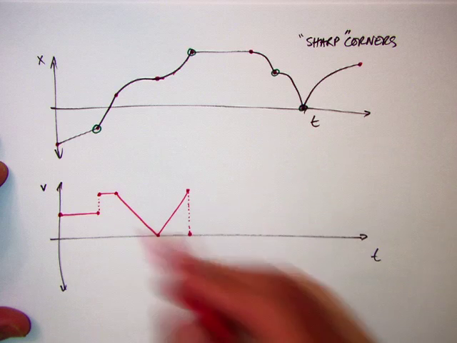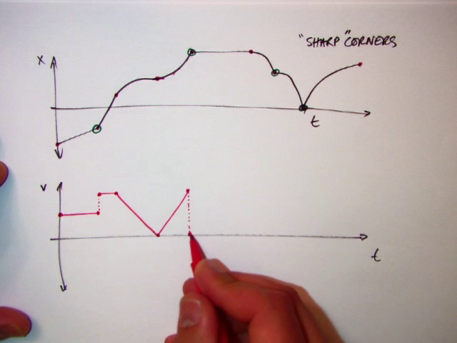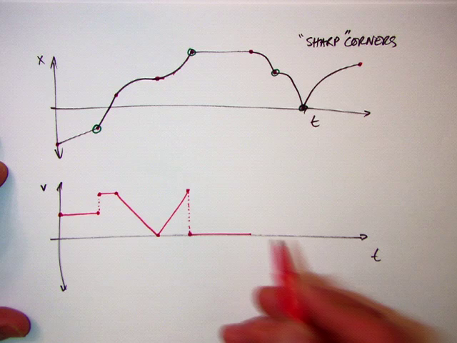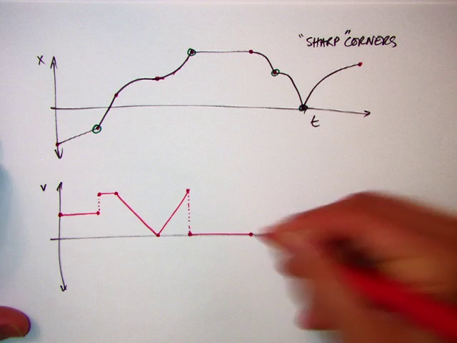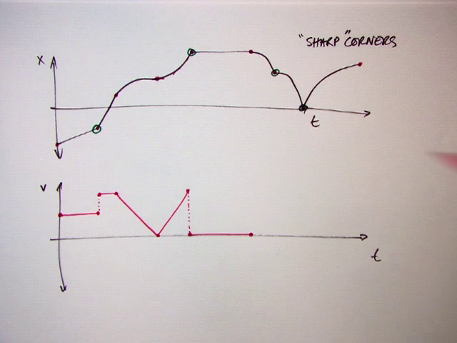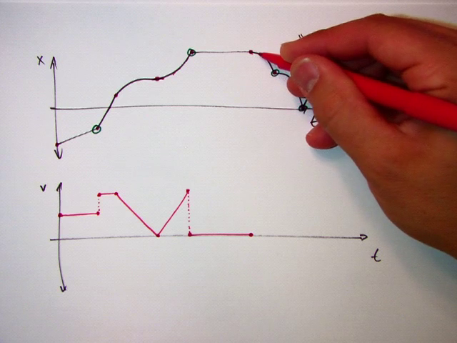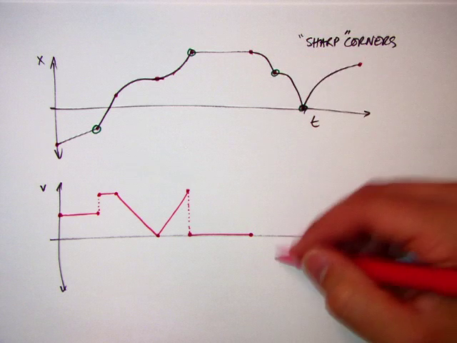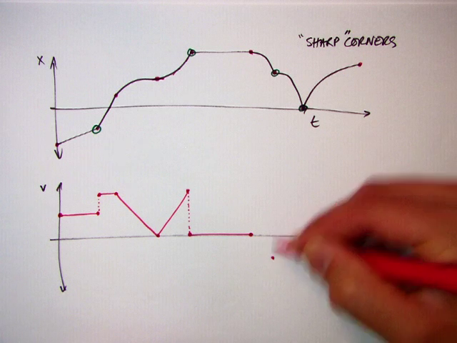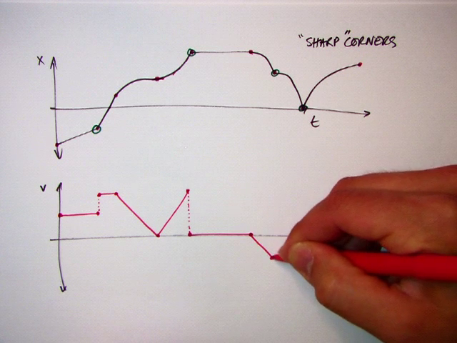So notice I'm showing these discontinuities with a dotted line. Okay, velocity of 0. Now I start at 0 and I slowly get decreasing in the negative direction. So I'm gaining a negative velocity.